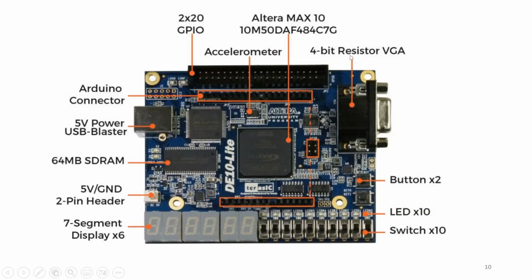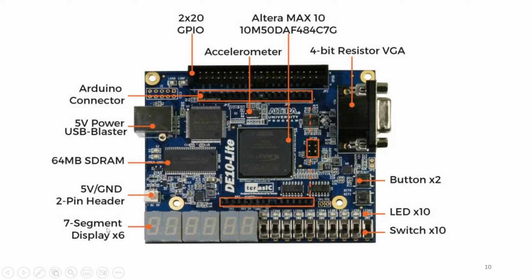And what do I have here? The VGA connectors. I have here 2 buttons. I can use them as input. I have here 10 LEDs, light emitting diodes, those for outputs. And I have also 10 switches. I can use all 10 as input.